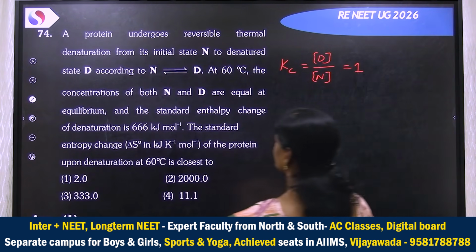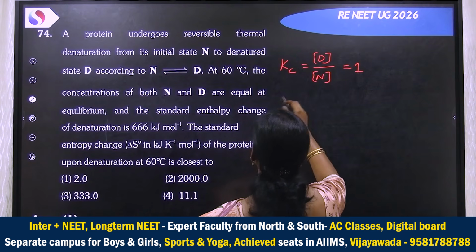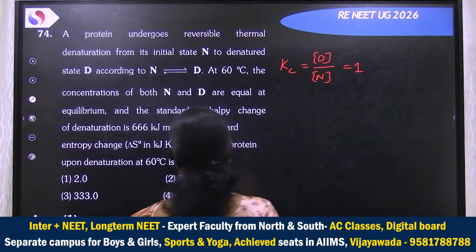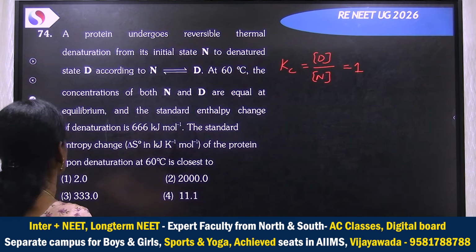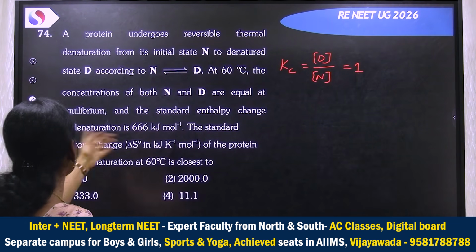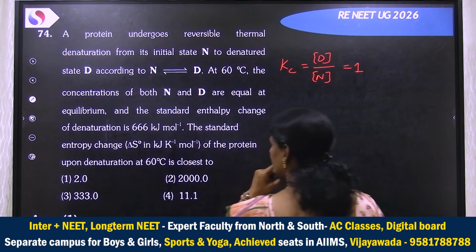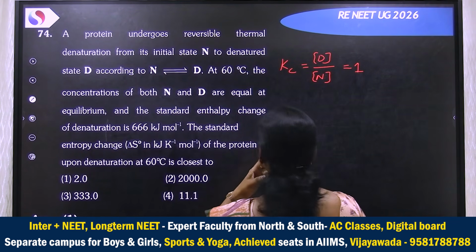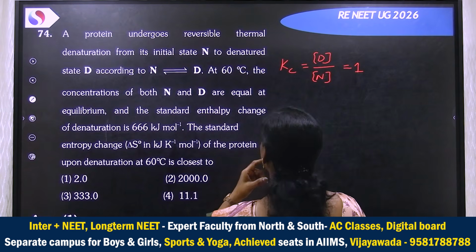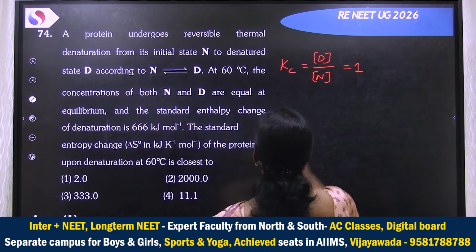When we take the equation, delta G, the Gibbs free energy change, and the standard enthalpy change of denaturation is given. So I will try to find delta G naught, the standard Gibbs free energy change.